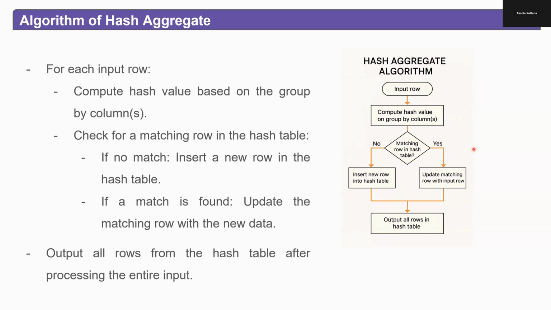If a match is found, it updates the matching row with the new data. And lastly, it outputs all the rows from the hash table after processing the entire input. This means that hash aggregate can compute all the groups simultaneously, unlike stream aggregate, which computes groups one by one.